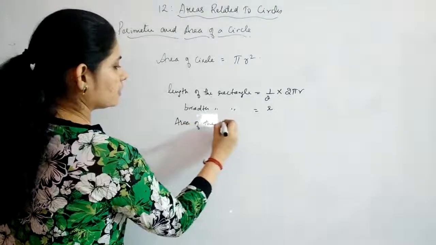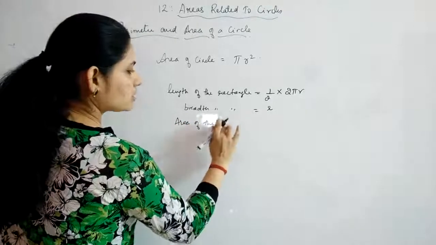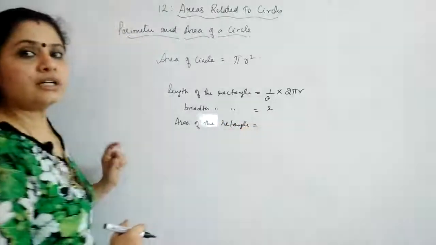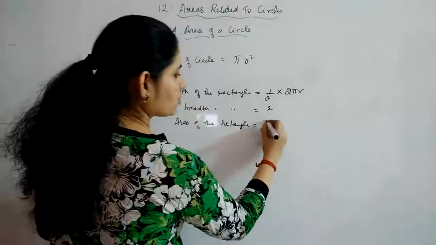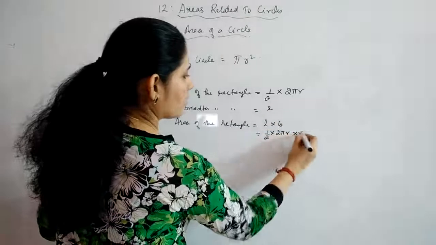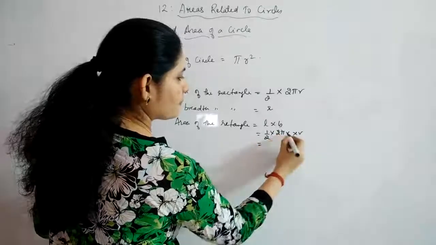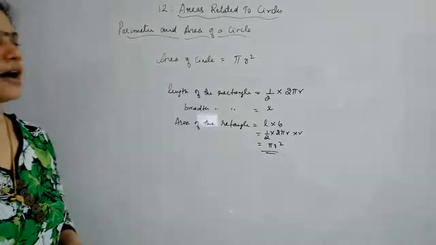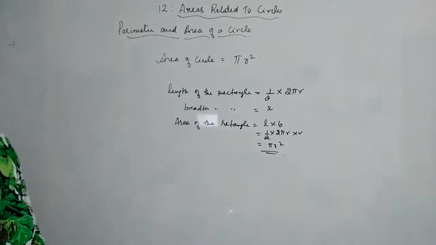It is the area of the rectangle, which is the same as the area of the circle. Length into breadth is half into 2 pi r into r, which gives you pi r square. So the area of a circle of radius r is pi r square.